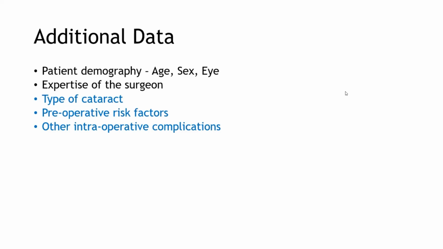For this intraoperative complication, what do you think would be the numerator and the denominator? Descemet's membrane detachment is more common when there is a PCR and less common when it is uncomplicated.